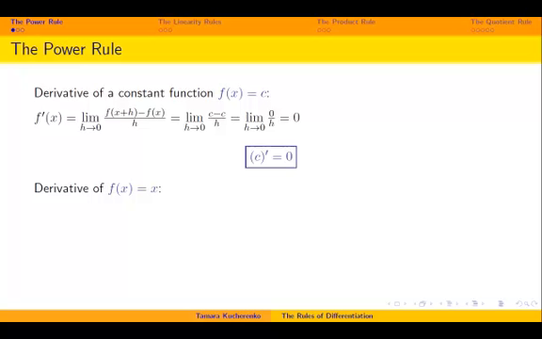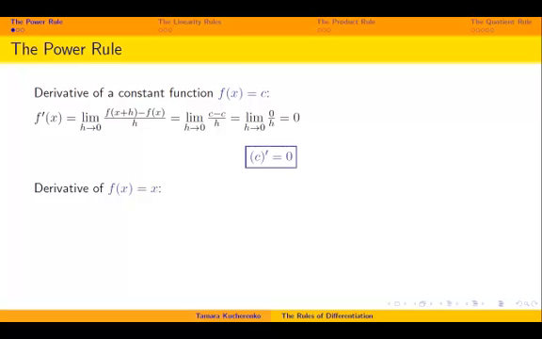Next, we look at the function f of x equals x. The graph of f is the straight line y equals x, which has slope 1. We would expect that the derivative of f is 1 at any point x.